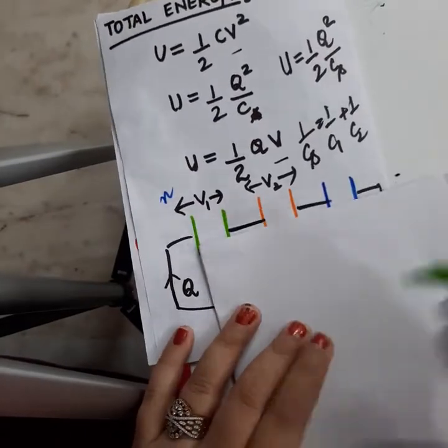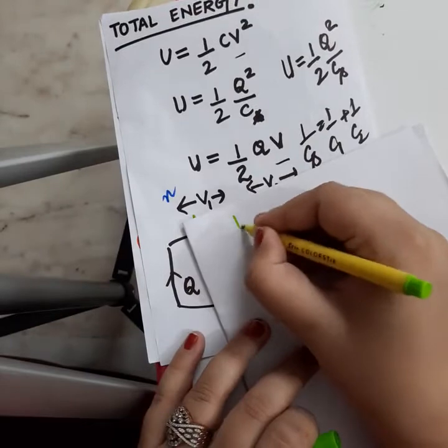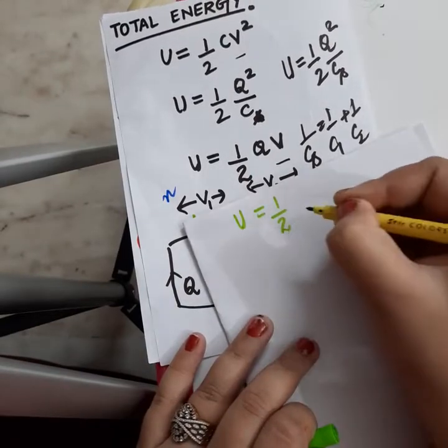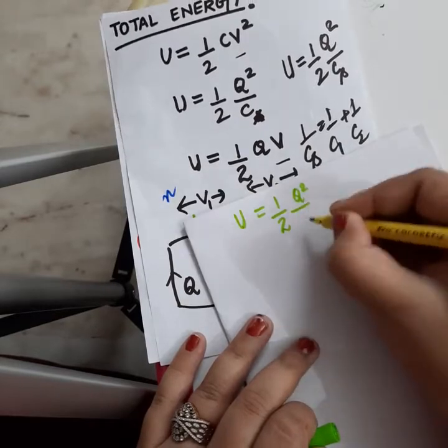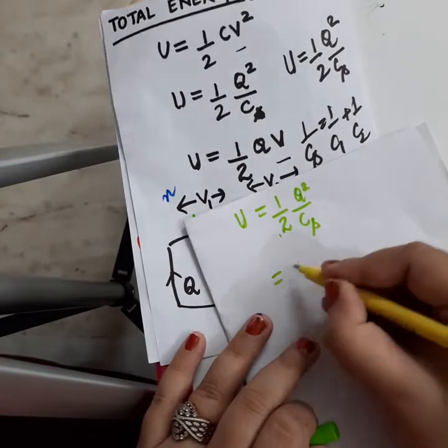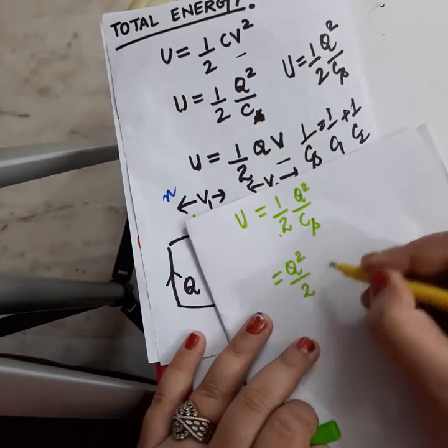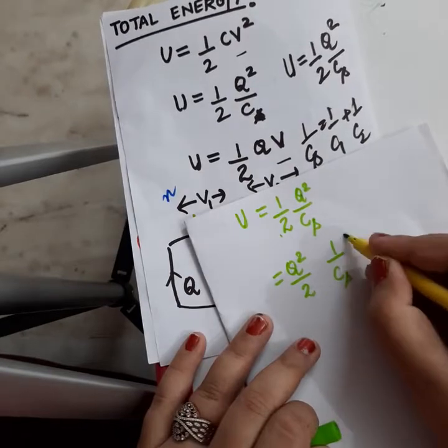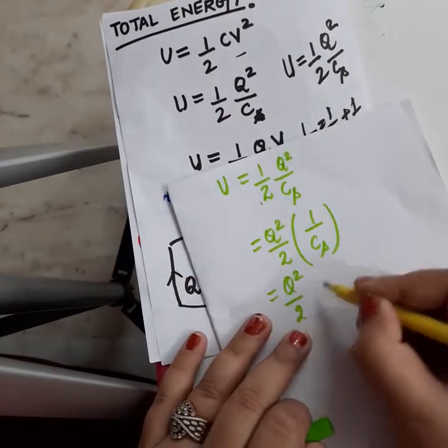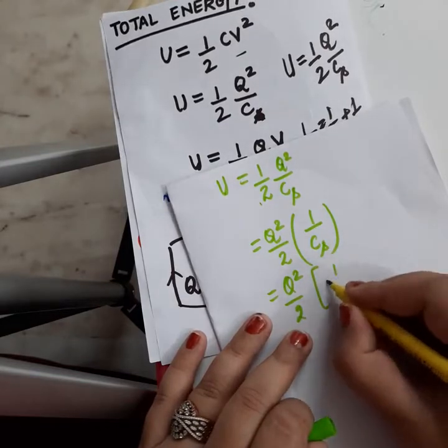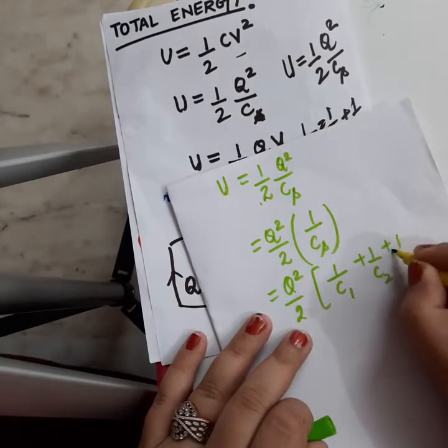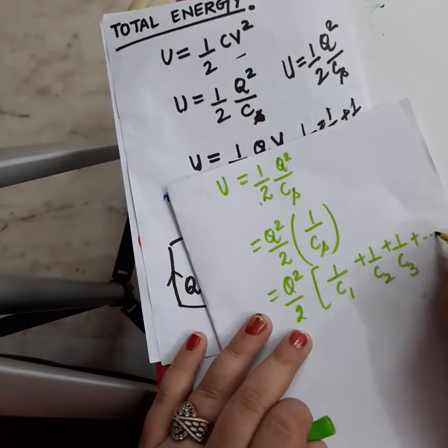Now, again I am writing total energy stored in the whole combination equals 1 upon 2 Q square divided by CS. Now, Q square upon 2 can be written as it is, and we are left with 1 by CS in the bracket. So, Q square upon 2 as it is, 1 upon CS can be written as 1 by C1 plus 1 by C2 plus 1 by C3 plus so on.